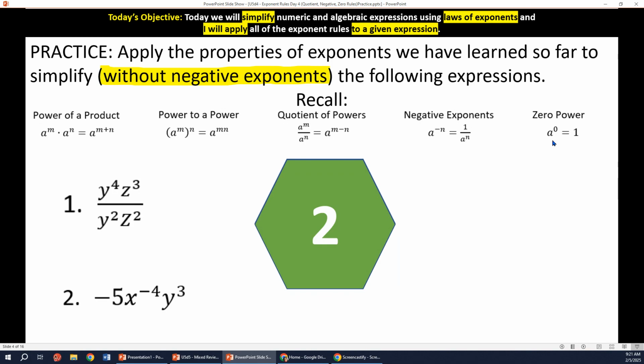You should be working on problem number 1 and then problem number 2. Problem number 1, group those y's together, group those z's together, simplify them.